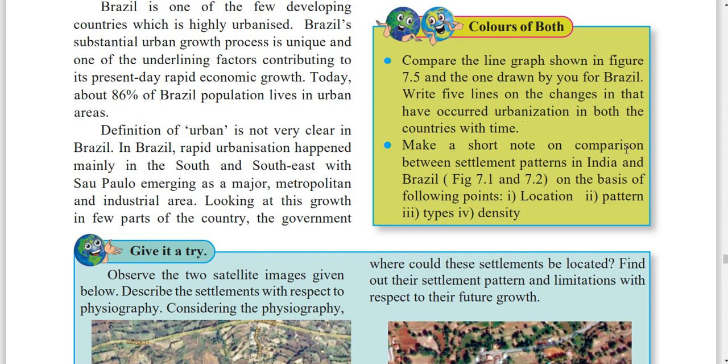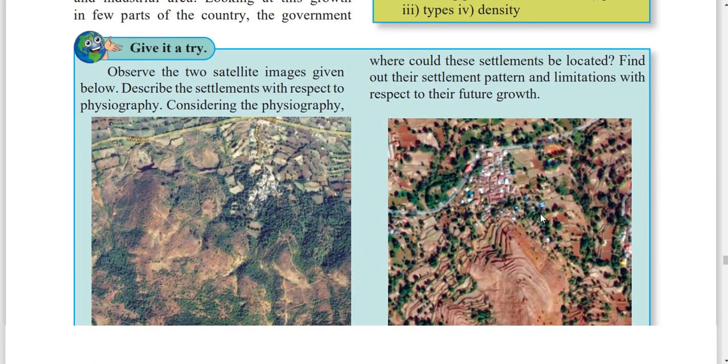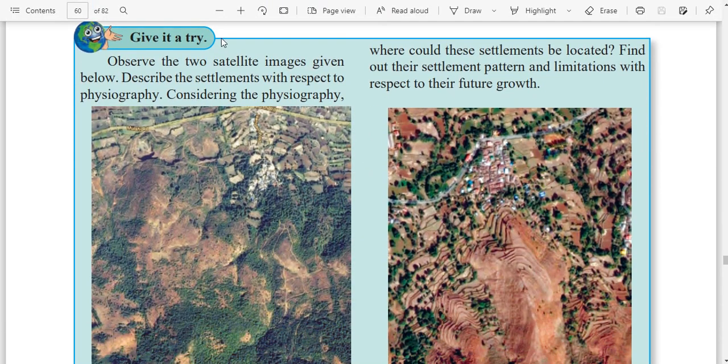Make a short note on comparison between settlement patterns in India and Brazil, figures 7.1 and 7.2, on the basis of the following points: first, location; second, pattern; third, types; fourth, density. Give it a try.